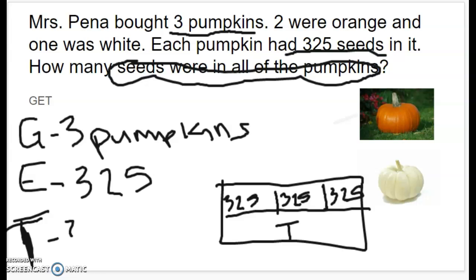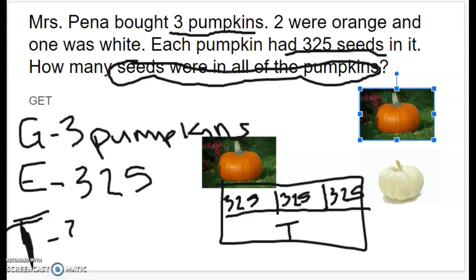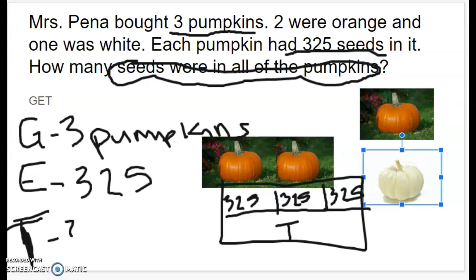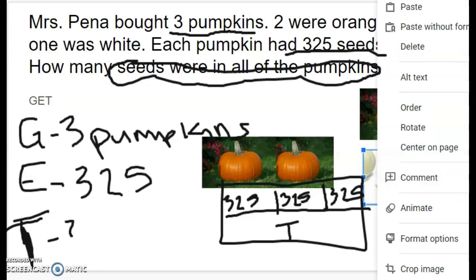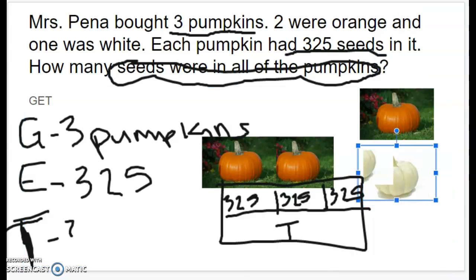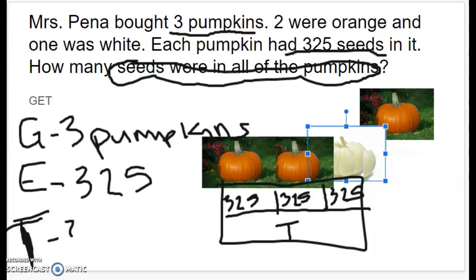Another way that we could think about this is we could take the pumpkins, where we had 2 orange and 1 white. That's where those pumpkins came from, those 2 orange and that 1 white one.